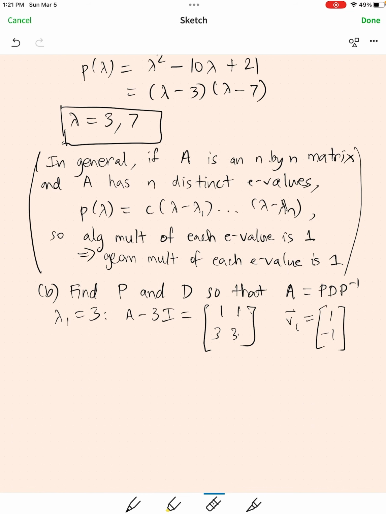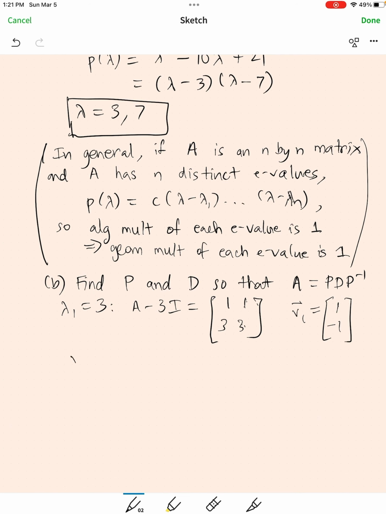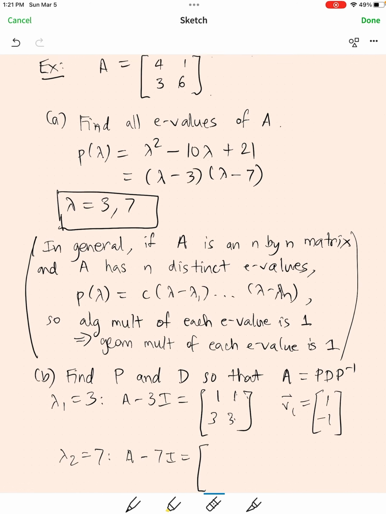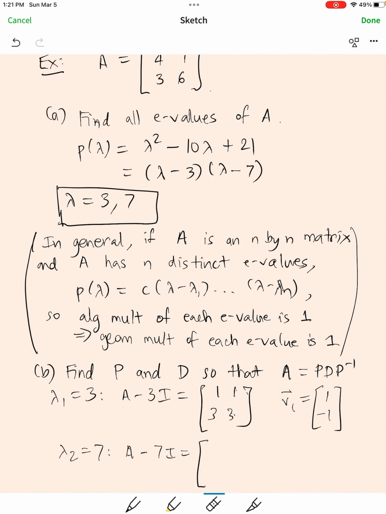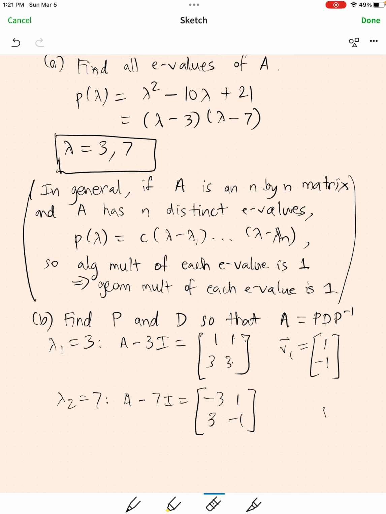And similarly for lambda 2 is 7, A minus 7I is minus 3, 1, 3, minus 1. I feel like we've done this example before.